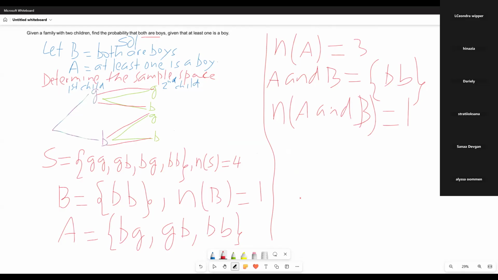So the probability of B, both are boys, given at least one is a boy, will be P of A and B over P of A. Is this clear? Yeah.